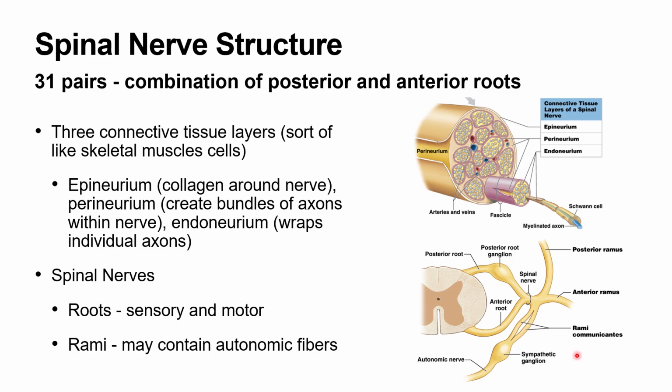The rami communicantes is going to take all of the autonomic nervous system fibers and take those off to the anterior side where they can then innervate all of the visceral organs found in the trunk anterior to the spinal column. And there's going to be two different sections.